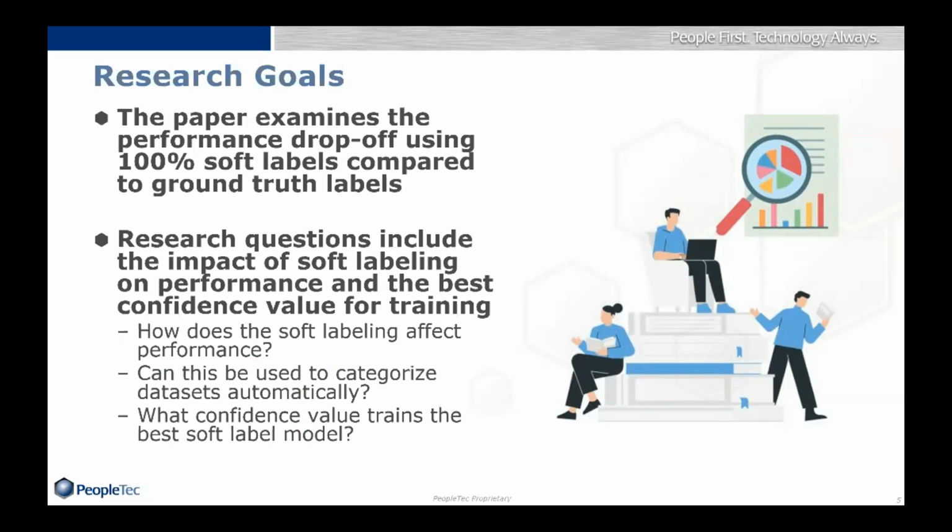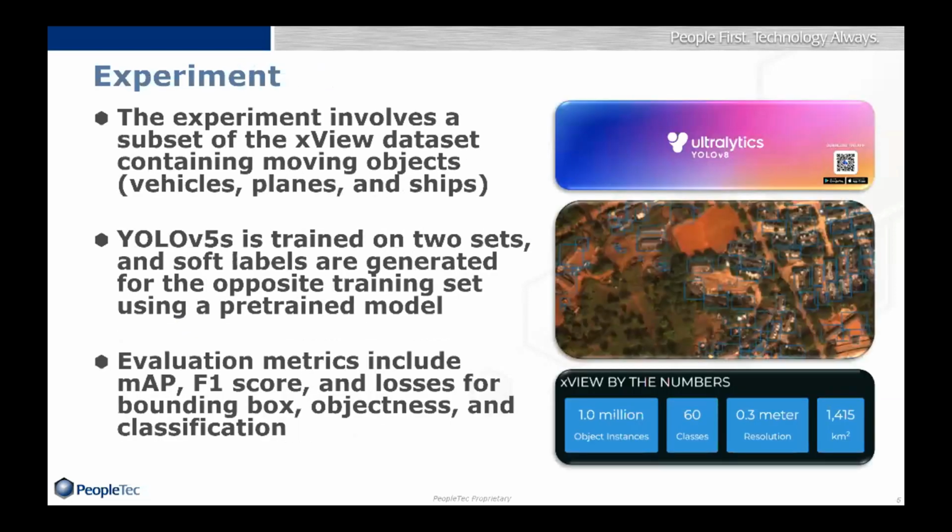And so let's just take a look at the experiment here. We're using a subset of the xView dataset, a dataset released in 2018 with a $250,000 challenge by the NGA, the National Geospatial Intelligence Agency. Their goal was to advance the frontier in computer vision.